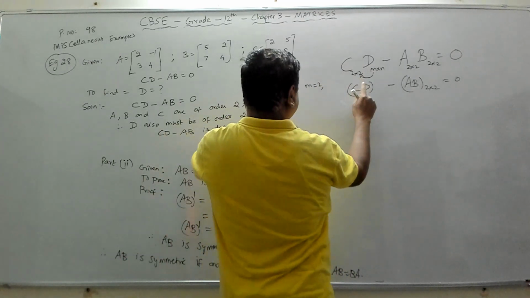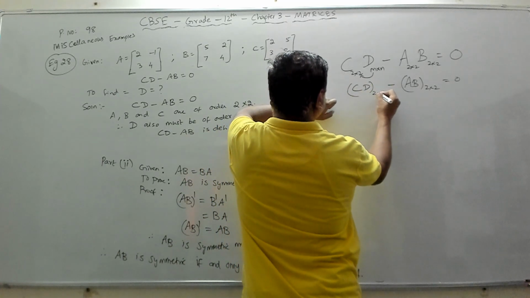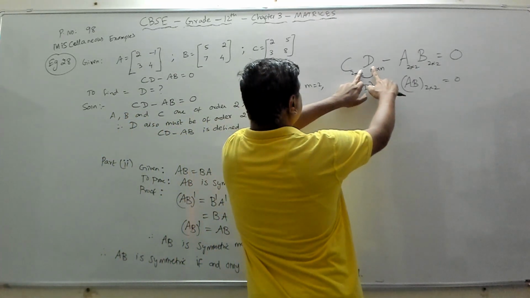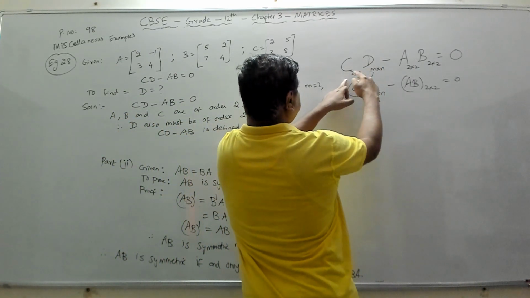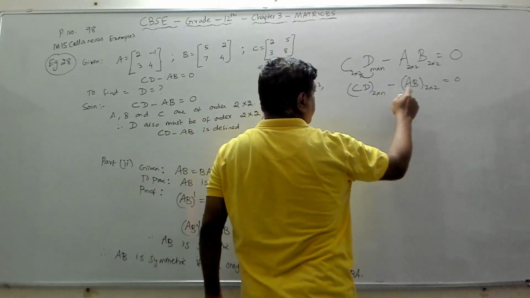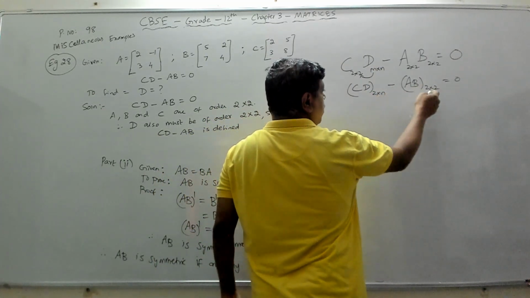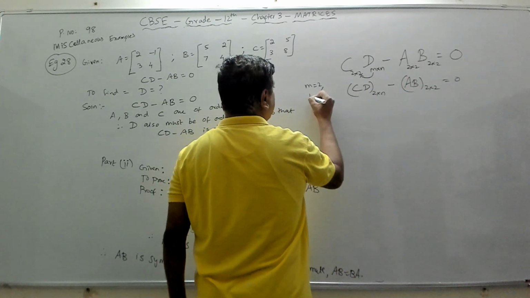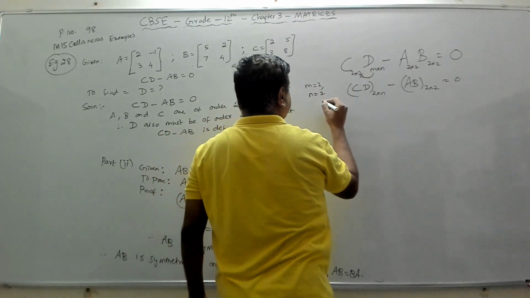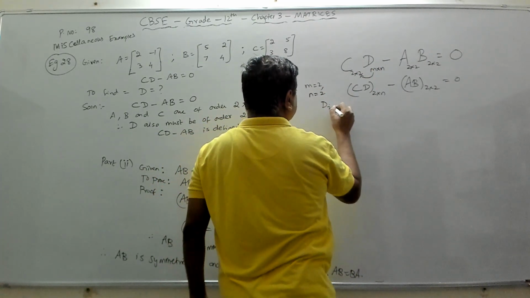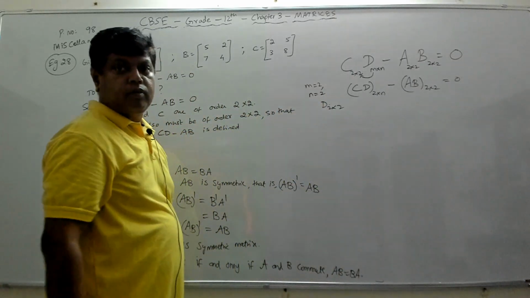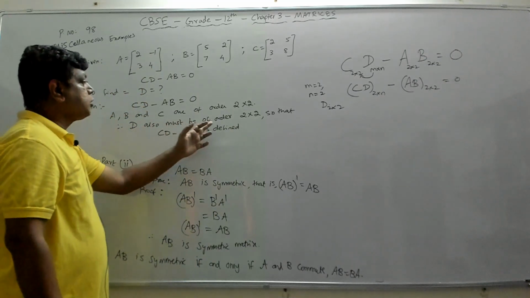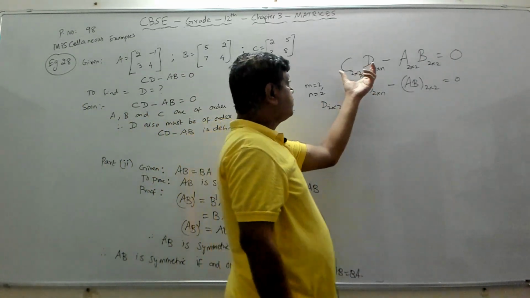Then the order of CD will be 2 cross N, because M is 2. Again, to subtract these two matrices, the order should be the same. If this is 2 cross 2, this also should be 2 cross 2. So that gives N equal to 2, and the order of D becomes 2 cross 2. Hope you can understand how I am writing the statement that D also must be of order 2 cross 2. Only then CD minus AB is defined.